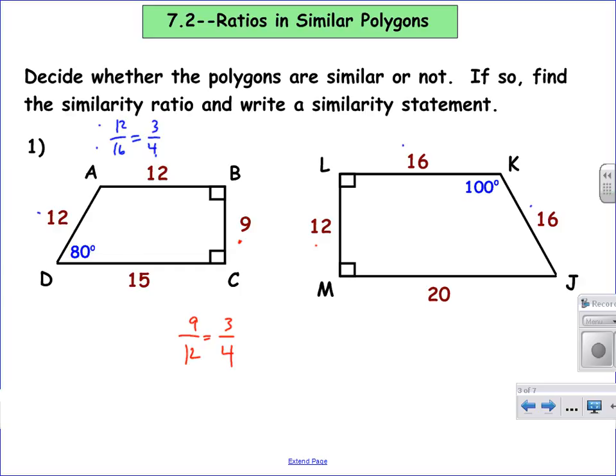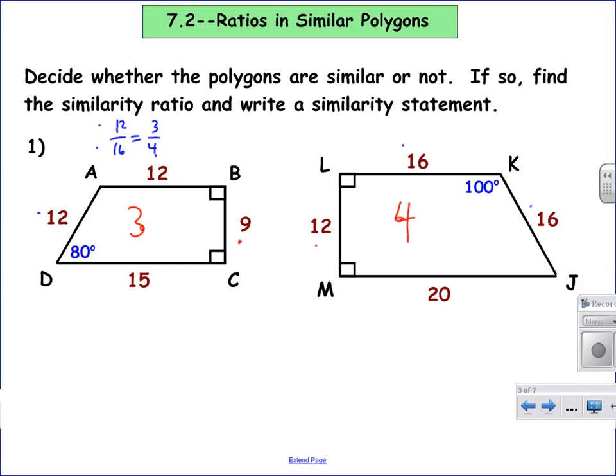So 3 to 4, if I'm going from the small figure to the large figure, is my ratio. If I'm going from the large figure to the small figure, my scale factor would be 4 to 3.